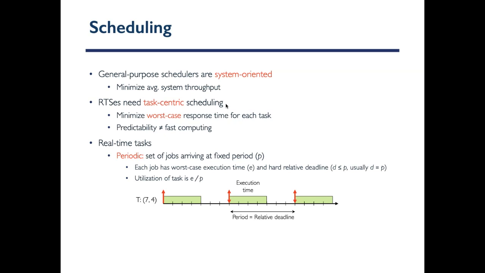Each periodic task is a set of jobs that arrive at fixed period, let's say P. And each job has a worst case execution time we call E, and it has a hard relative deadline that has to be less than P. And if we don't say anything about a deadline for a periodic task, you should assume that the relative deadline is basically P. It's the period.